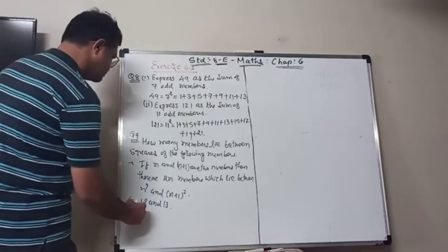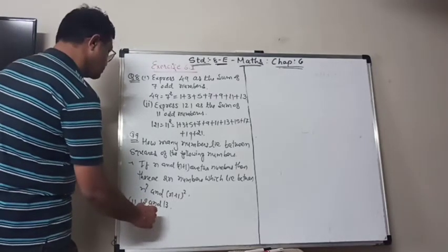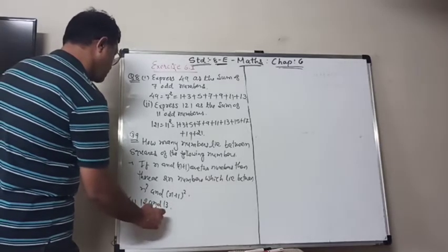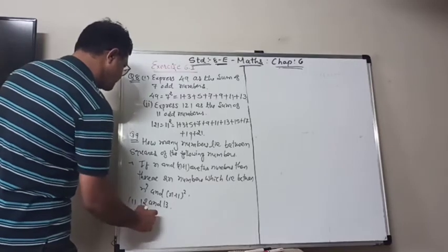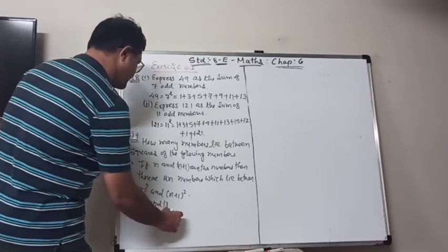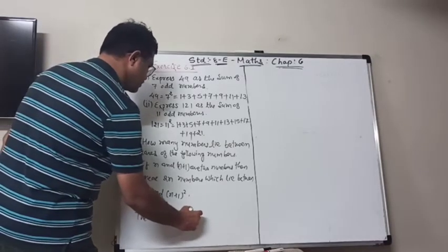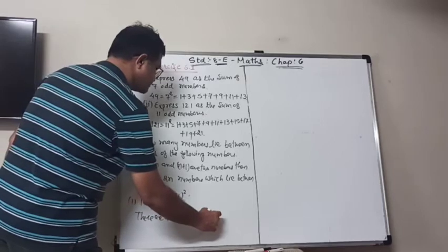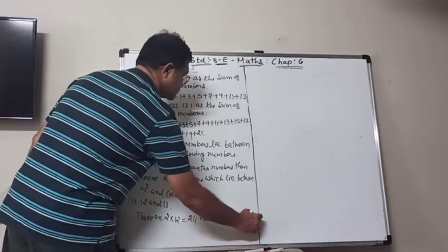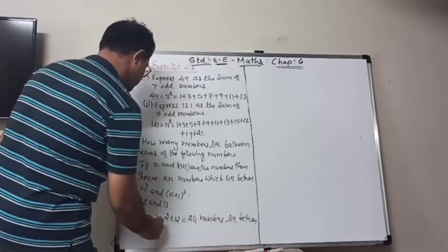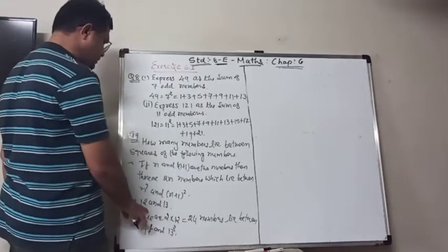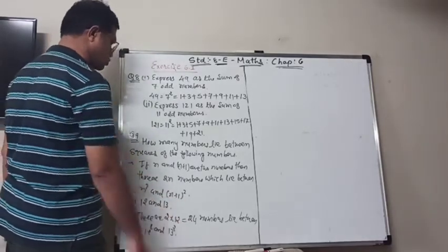So now there are 2 multiplied by 12 is equal to 24 numbers that lie between 12 square and 13 square. So first, numbers double you have to do, 2n.